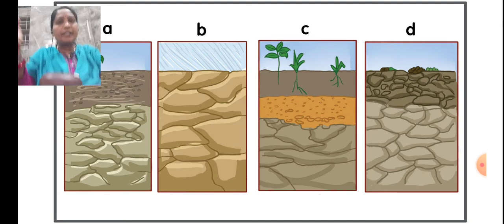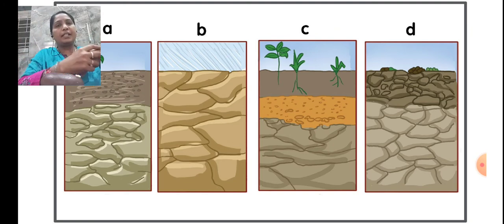Organic matter is nothing but the matter which has the nutrients. You learned in the previous lesson what the different nutrients are. So the matter made up of nutrients is called organic matter. In picture D you can see the formation of organic matter.